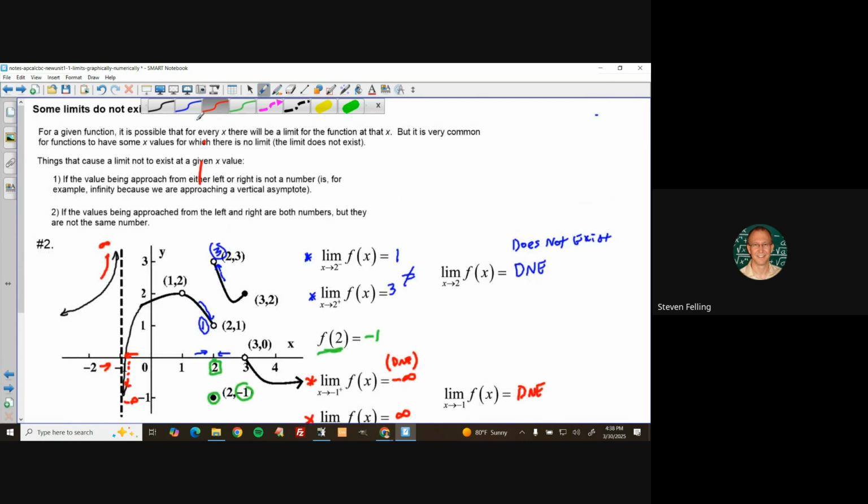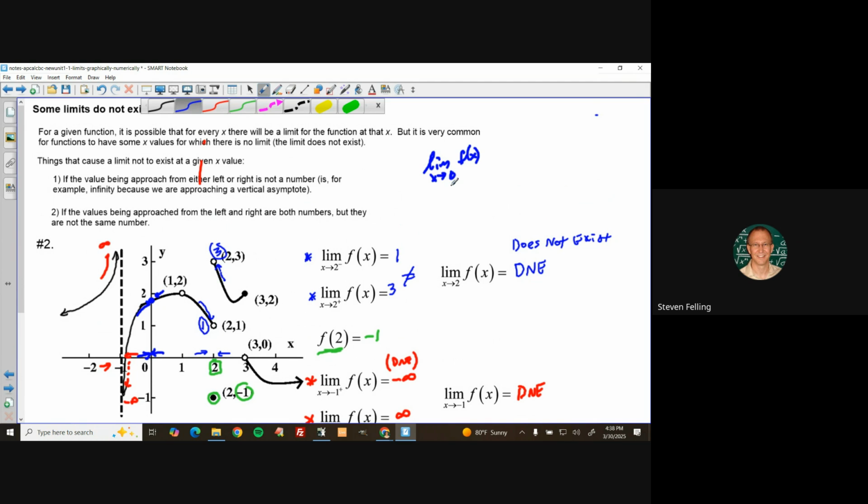Let's say that you were going to evaluate a limit at, let's say I wanted to evaluate on this one, the limit as x approaches 0 of this function. Let's call it f of x. Well, on the graph, if I can see that as I approach 0 from the left, the y is approaching this value right here, and the value as I'm approaching from the right is approaching that value.